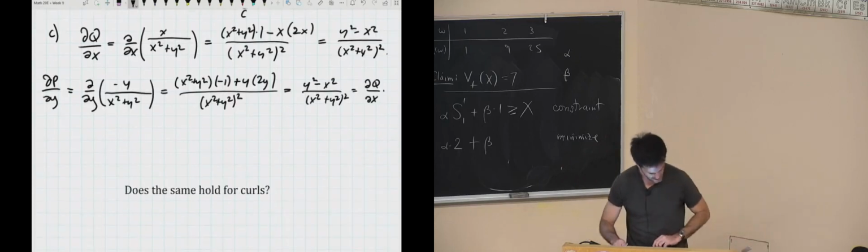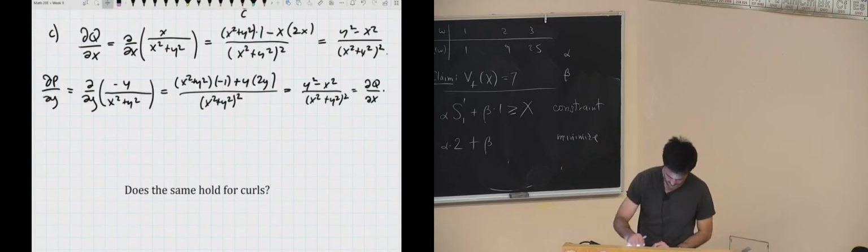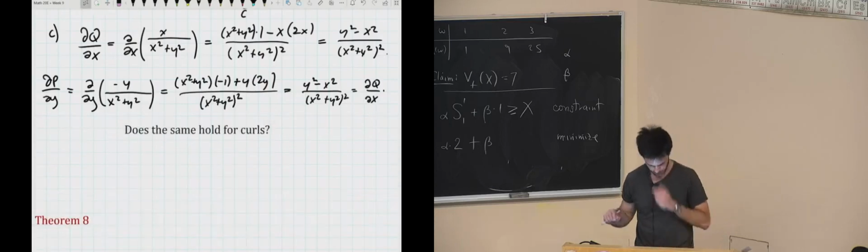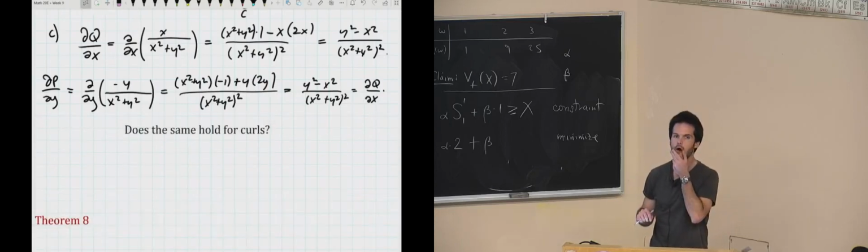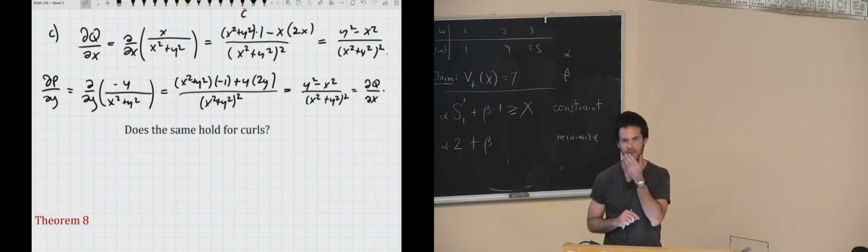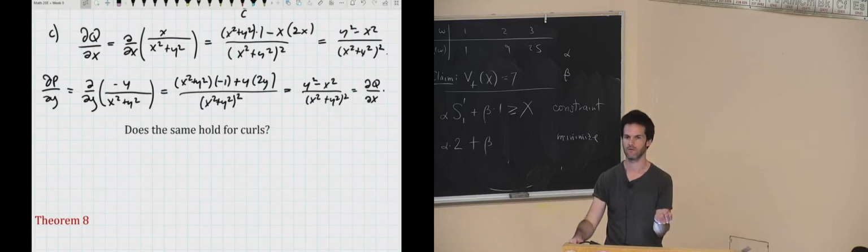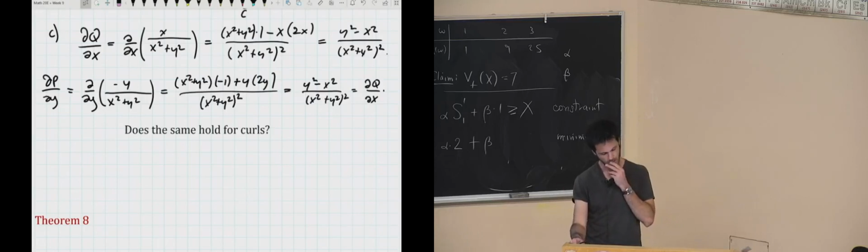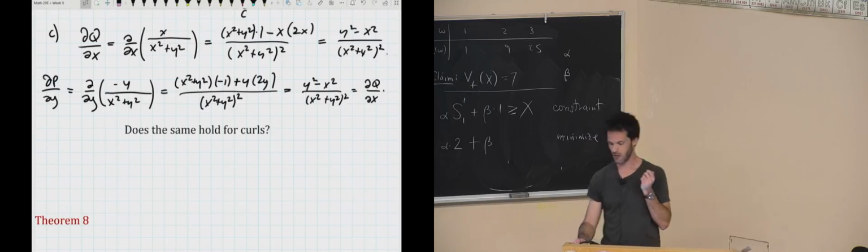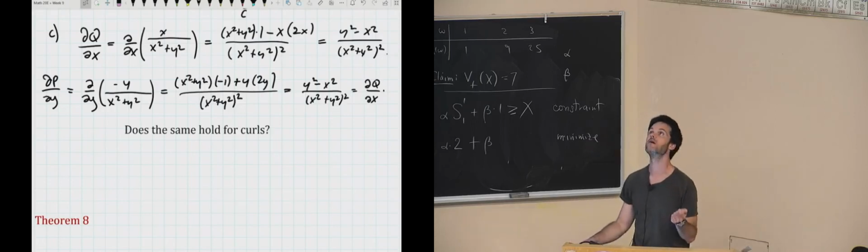Last thing I'm going to say is something about curls. Our theorem for gradients was: if the curl is zero, then the function is a gradient. We proved that by exploiting the fact that the curl of a gradient is zero.